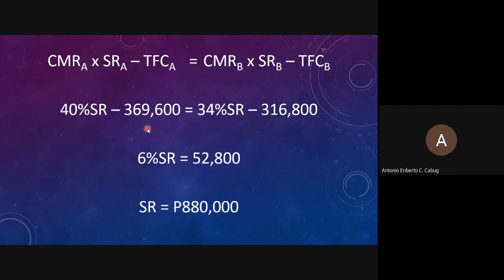The loss will be negative 17,600. What if we use this one, the touring? 34% times 880K minus 316,800. Still, negative 17,600. If the sales revenue is 880,000 pesos, the profit or loss on both sides of the equation will be the same.